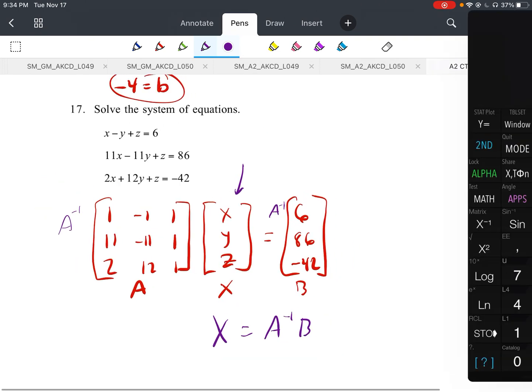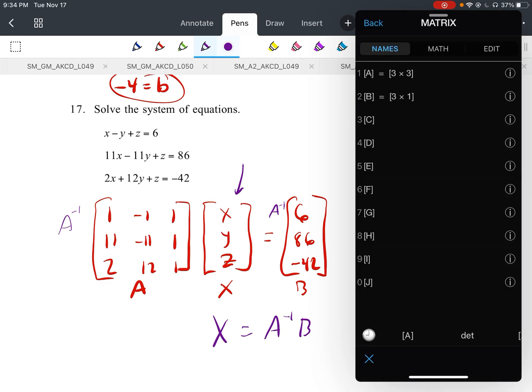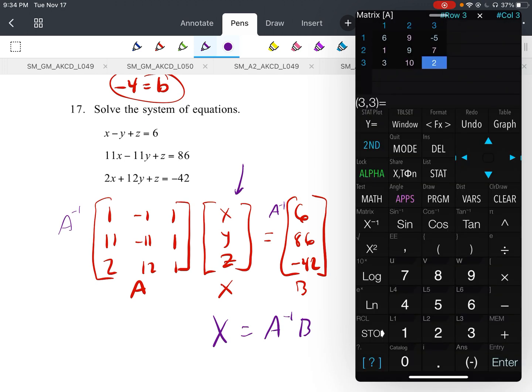Okay, so let's do it and make it happen. That's not what I wanted to do. I just forgot to go to edit. There we go. So let's go to edit, and this is going to be 1, enter, -1, enter, 1, enter, 11, enter, -11, enter, 1, enter, 2, enter, 12, enter, 1.